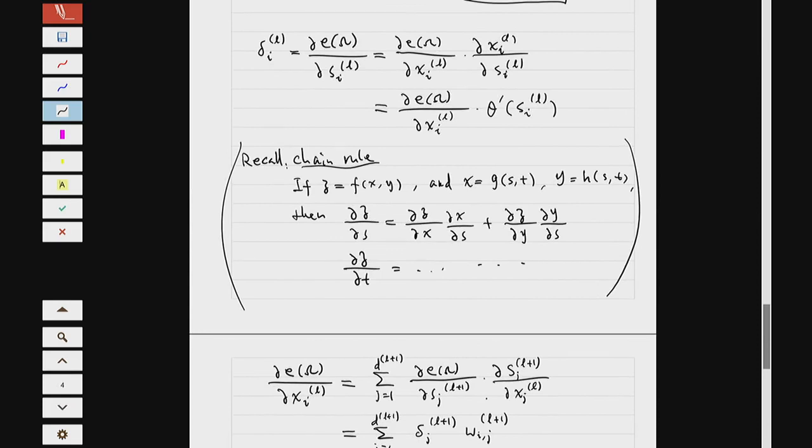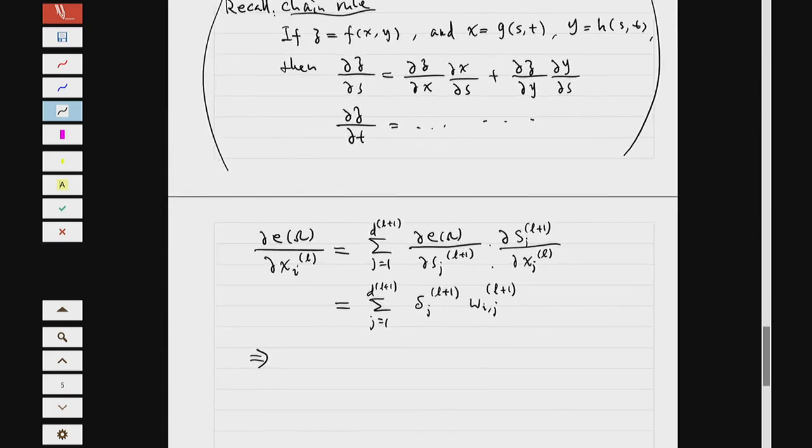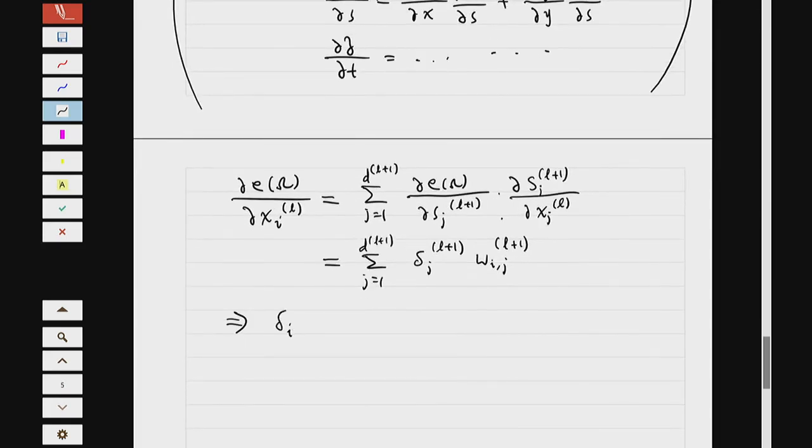So we already figured out how to find the first term, then just multiply by theta prime. So we write this down, and we have delta i of L is equal to this sum, j equals 1 to d of L plus 1, delta j of L plus 1, W_ij of L plus 1, this whole thing multiplying theta prime of Si of L.